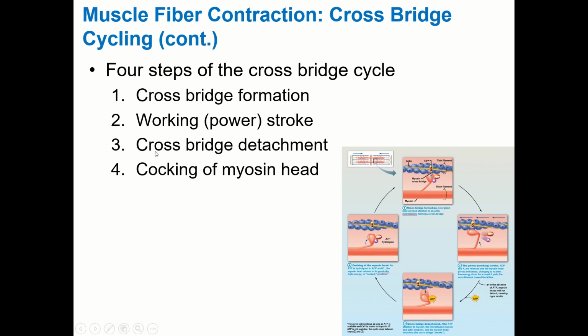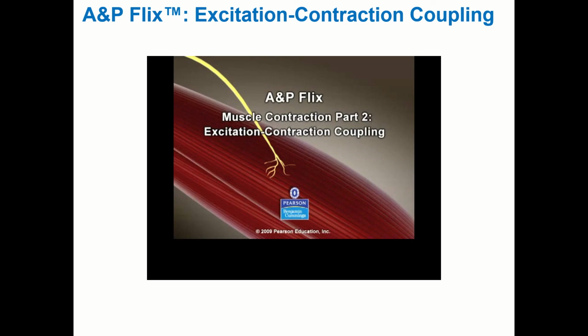Then we're going to break down the ATP, give off energy, and that energy allows us to reset the myosin head so that as long as those active sites on actin are exposed, myosin will keep interacting with actin. Those sites will continue to be exposed as long as calcium continues to be released from the sarcoplasmic reticulum. Again, here's an embedded video if you want to check that out.